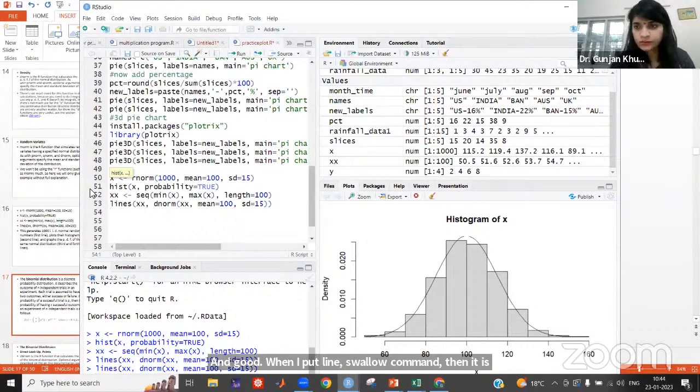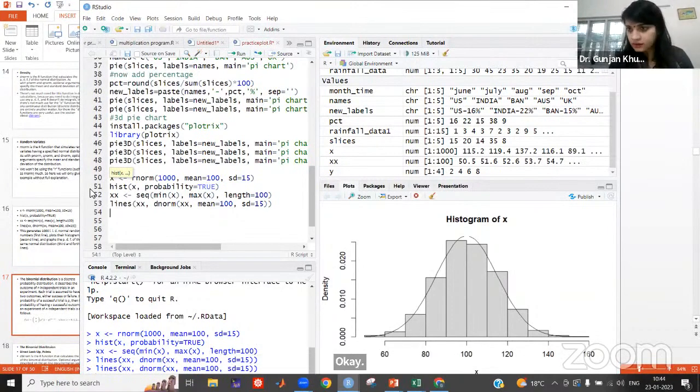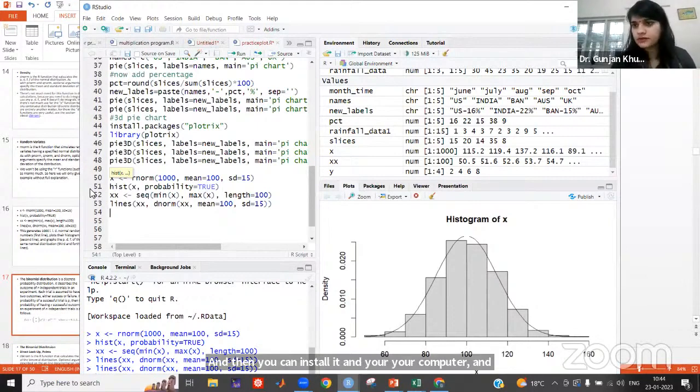Okay, so some package might be missing. What you can do is Google which package is needed for the lines function, install it on your computer, call it through library, and use it. I will do that and solve the problem.